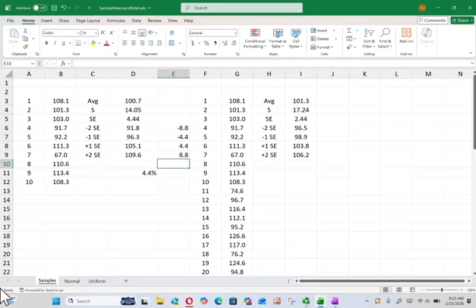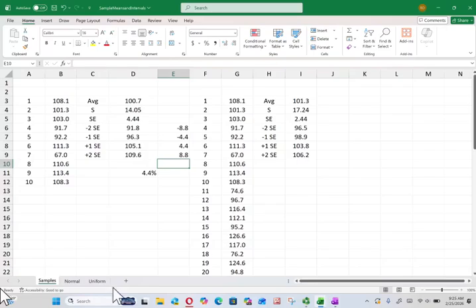Right? If this were millimeters or micrometers or whatever they measure ball bearings in, I have it as a percent of the average, and I don't have any units on it because I've divided the standard error, which has the same units as the average, by the average, and the units cancel out.